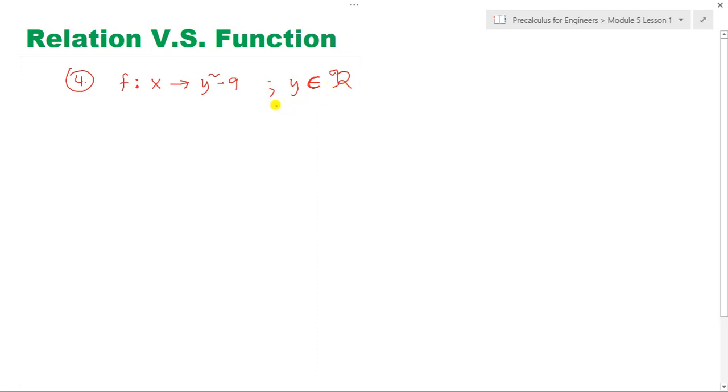Again, class, from our previous discussion, this part here should be the list of your values of x. Here is the list of values of y. So what does it mean, class, y approaches real number? Is it the domain, range, what is it?